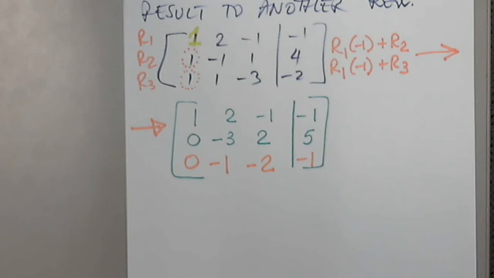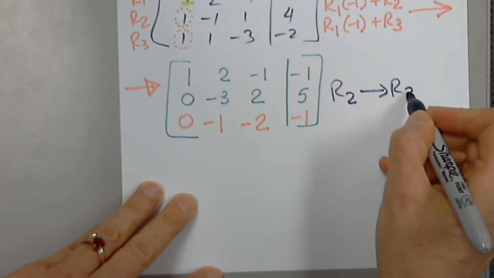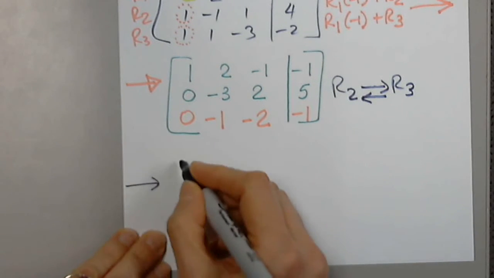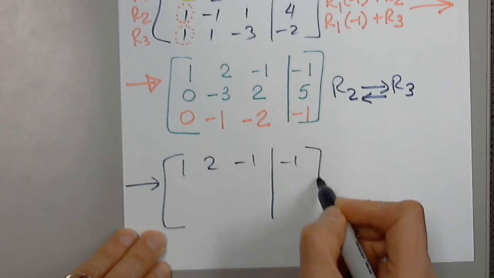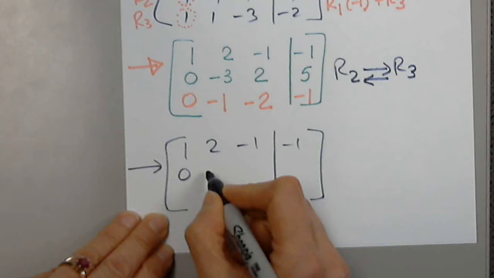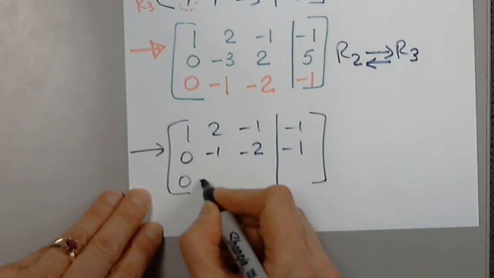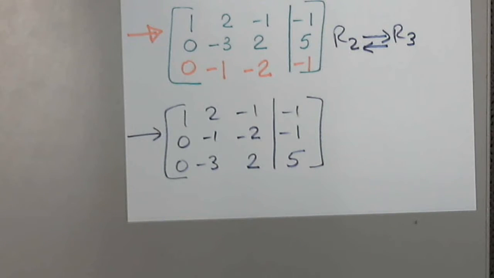So I'm going to swap now row 2 with row 3. So row 2 becomes row 3 and vice versa. So then I have 1, 2, -1, -1. I have 0, -1, -2, -1. And I have 0, -3, 2, and 5. So I swapped row 2 with row 3.